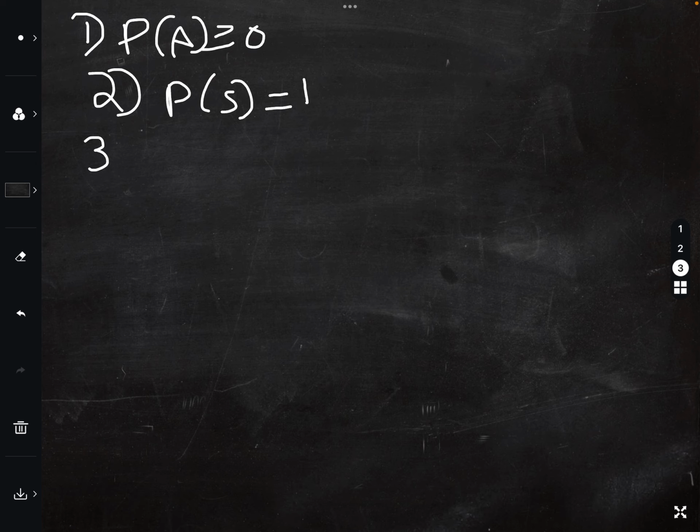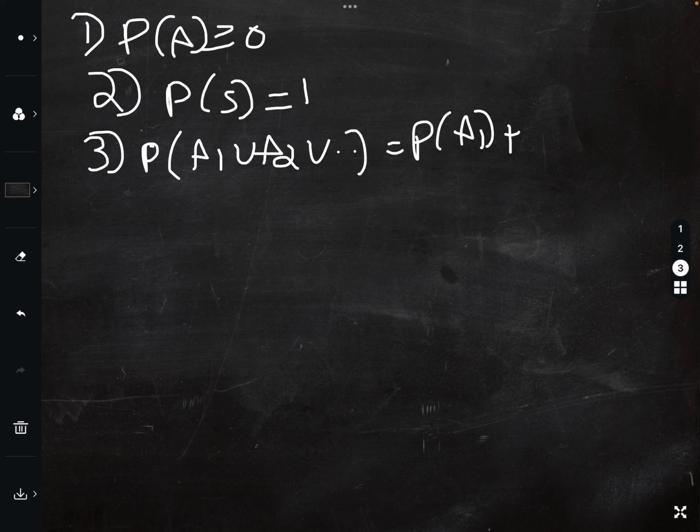And third: if A1, A2, etc., An are disjoint events, then probability of A1 union A2 union etc. is equal to probability of A1 plus probability of A2 plus etc. Here we prove that the conditional probability satisfies all the axioms of probability.